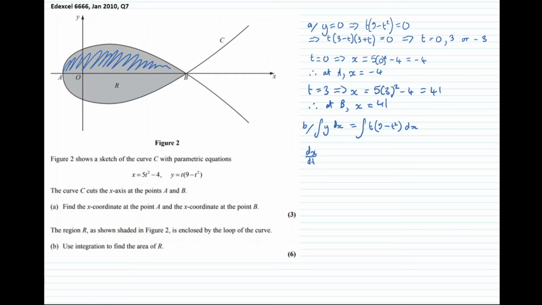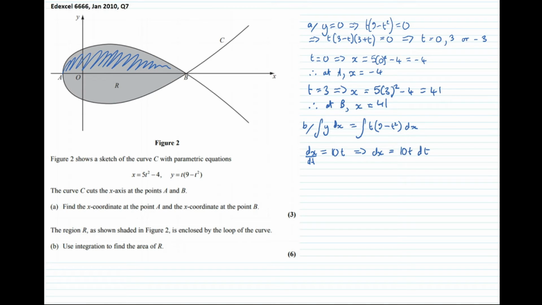We're using a similar method to integration by substitution. We know that dx by dt is equal to 10t. So differentiating the expression for x, 5t squared minus 4, we get 10t, which means that dx equals 10t dt.